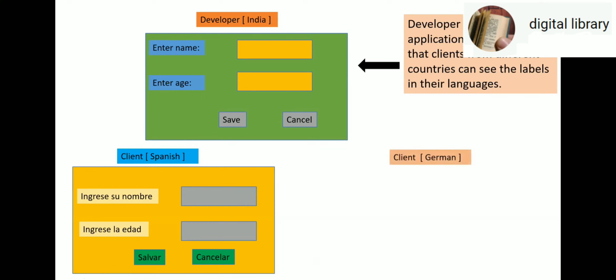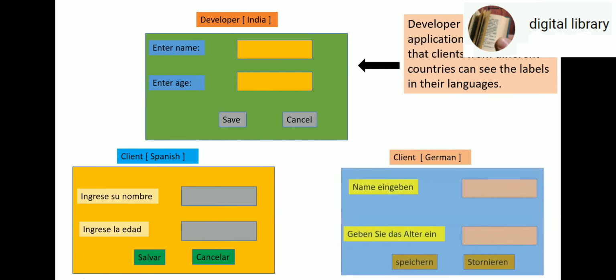Or suppose we have a German client. The same application can be converted into the German language. I mean, the labels on the buttons can be seen in German. So this is called internationalization.